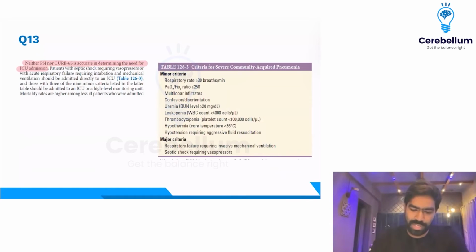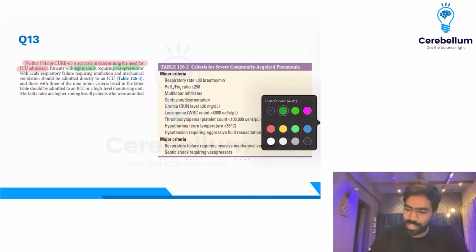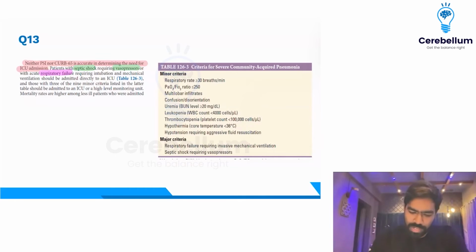If you have any of the major criteria, that is, the patient is in septic shock requiring vasopressors, or in respiratory failure requiring intubation or mechanical ventilation, then they should be admitted straight away to the ICU. Or if the patient has 3 of the 9 minor criteria listed in table 126.3, you have to put the patient in the ICU.